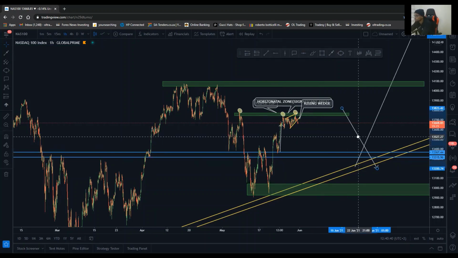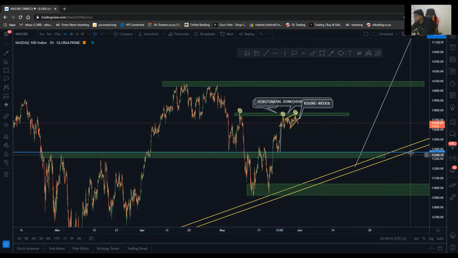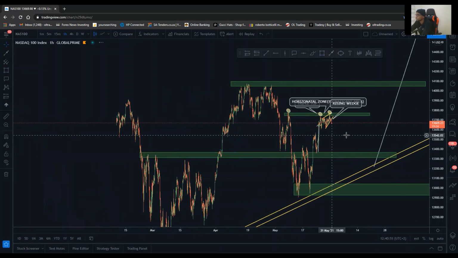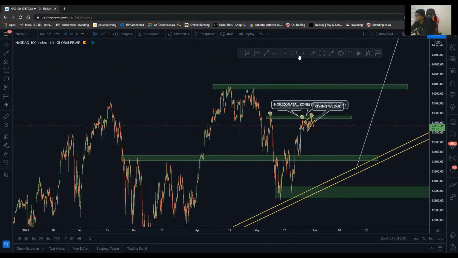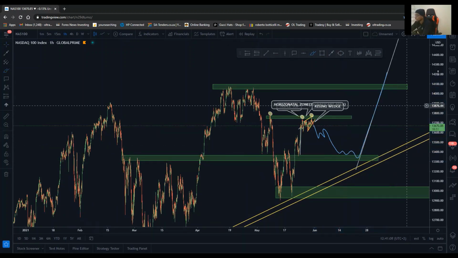Let me just move this. I'll draw this. Then I'll remove these blue lines. We can have this type of nature, then shoot to the upside.